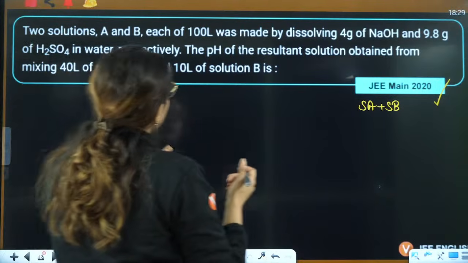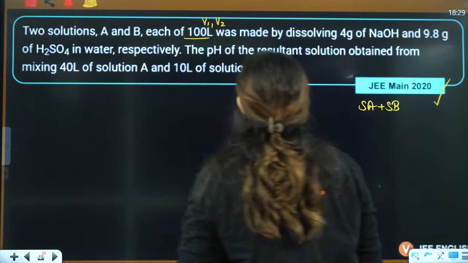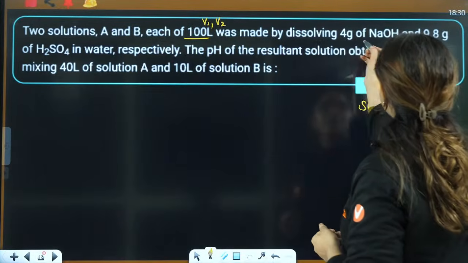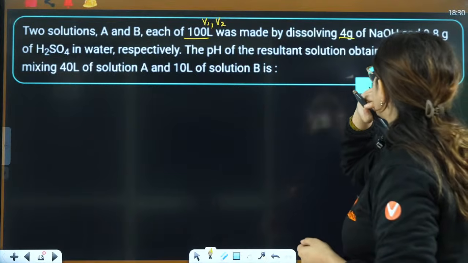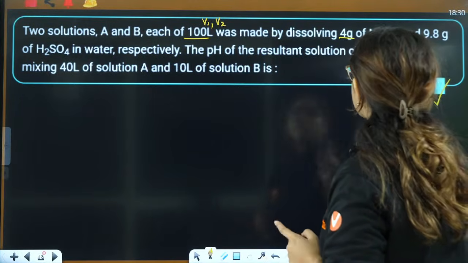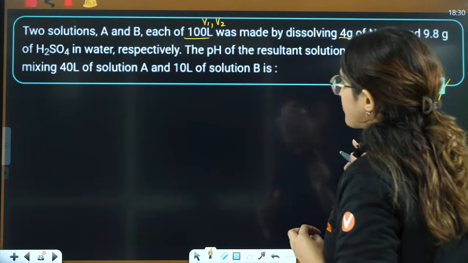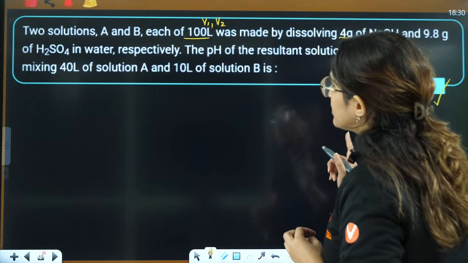So here this much gram of NaOH and this much gram of H2SO4 are dissolved, and the pH of the resultant solution is obtained by mixing 40 liter of A and this much of B. Wait a minute.